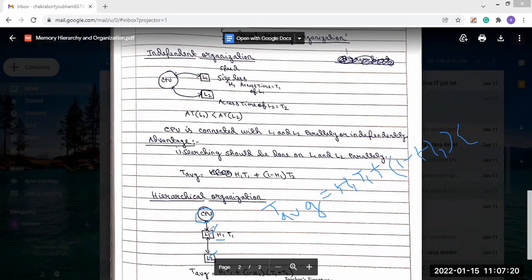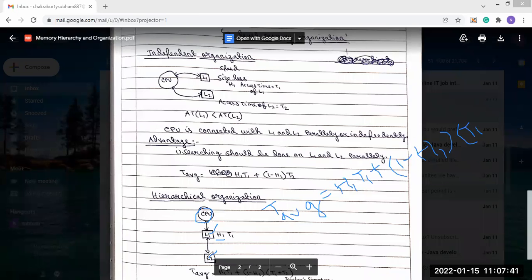Then after searching L1, if you do not find it, you can say it is not found in the L1. For searching L1, it takes T1 time, so T1 time will be considered.